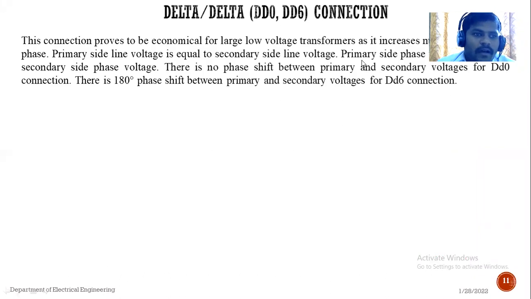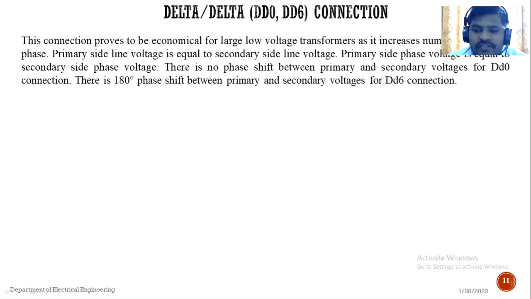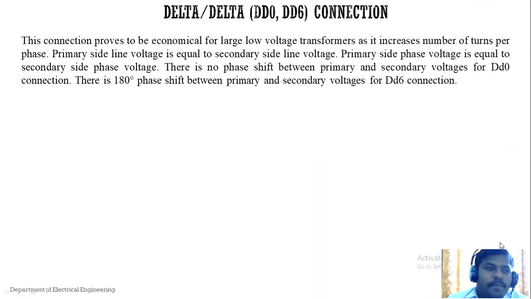Okay, see, this connection proves to be economical. It proves to be economical for large low voltage transformers, as it can increase the number of turns per phase. Okay, see, the connection, delta delta 0 connection, or it may be delta delta 6 connection.